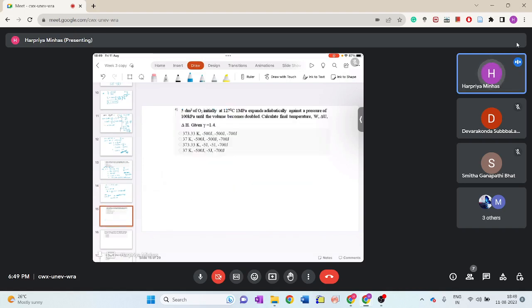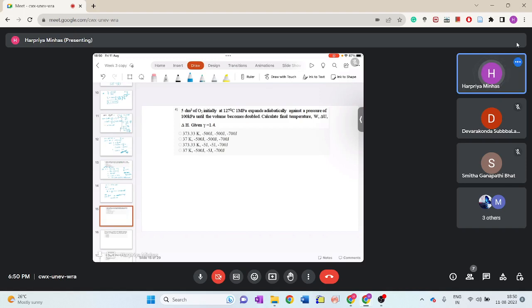Okay, moving to the next question. It states that 5 decimeter cube of oxygen initially at 127 degrees Celsius and 1 megapascal expands adiabatically against a pressure of 100 kilopascal until the volume becomes double.